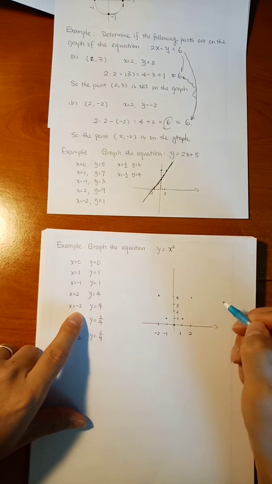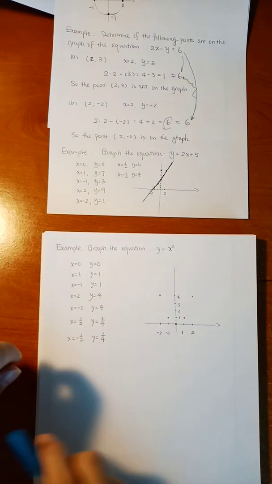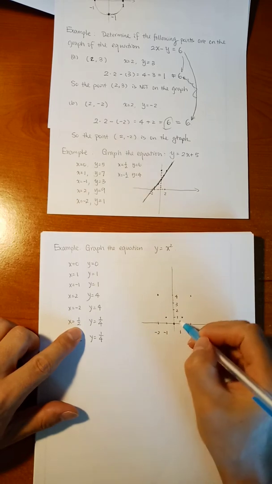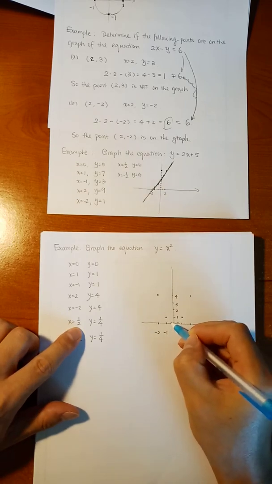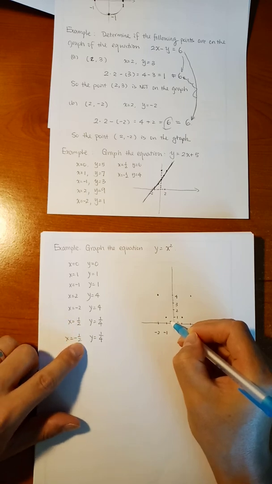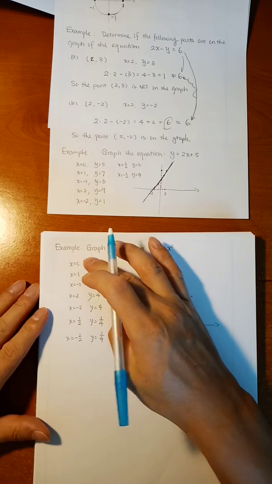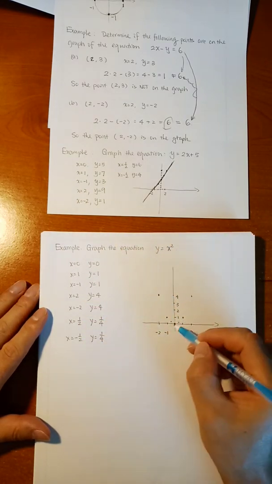It's here. Okay? It looks like a V shape, but it's not a straight segment because when x is 1/2, y is 1 over 4. 1 over 4 is very low. It's half of 1/2. When x is negative 1/2, y is 1 over 4. So that's all 6 sample points. If you want, you can get more sample points.